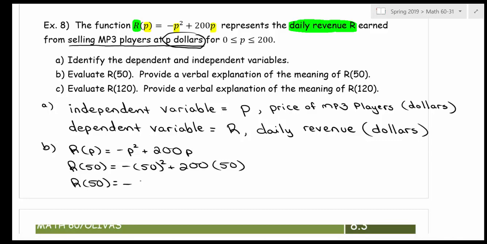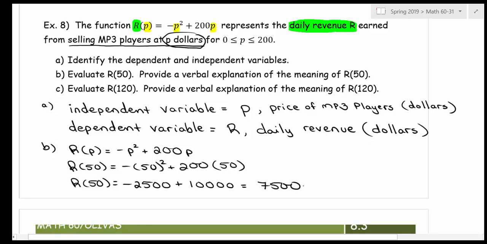So we need to make sure we maintain this value here. Plus, I'm going to multiply 200 times 50. That's going to give me 10,000. And that's going to come out to 7,500.